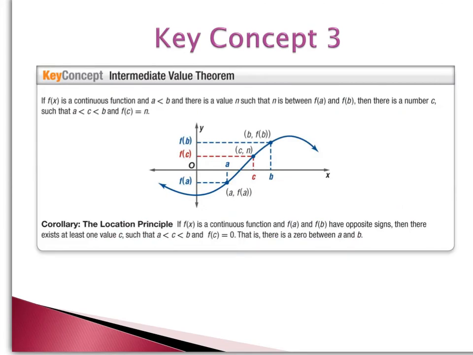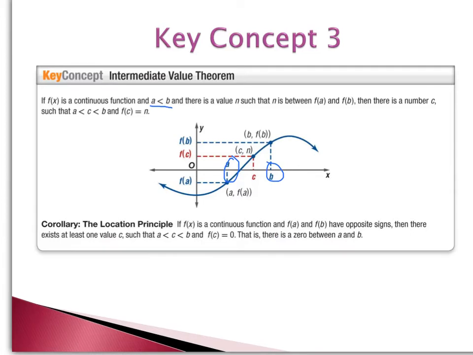Key concept number 3 is the intermediate value theorem, and what it analyzes is a continuous function f of x where a is less than b. Note that a and b are marked on the x-axis of the graph.